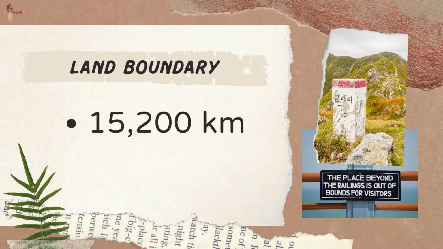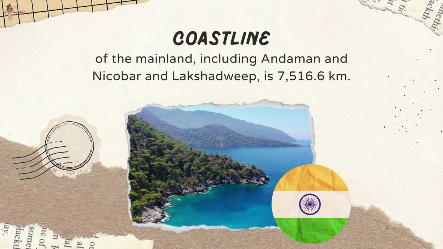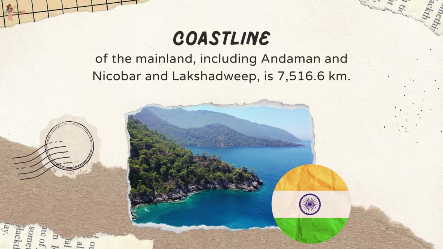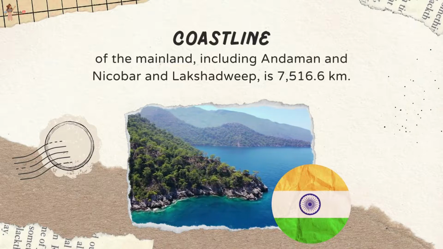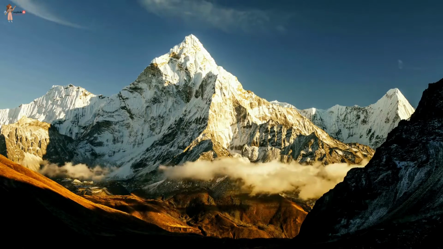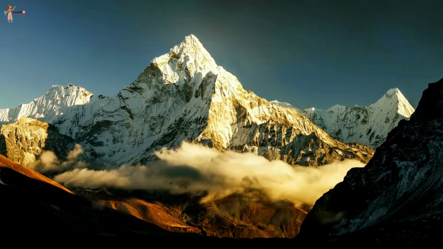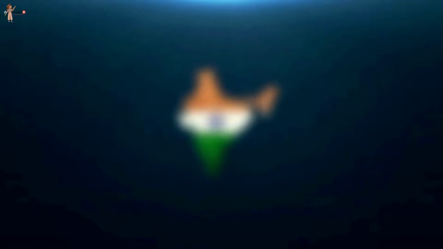India has a land boundary of about 15,200 kilometers, and the total length of the coastline of the mainland, including Andaman and Nicobar, as well as Lakshadweep, is around 7,500 kilometers. India is bounded by the Himalayan Mountains in the northwest, north, and northeast.